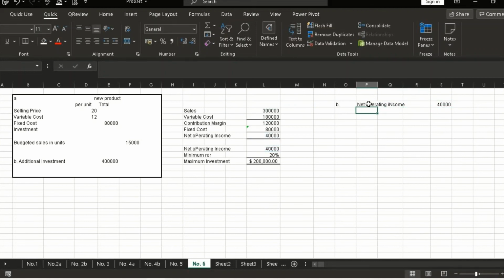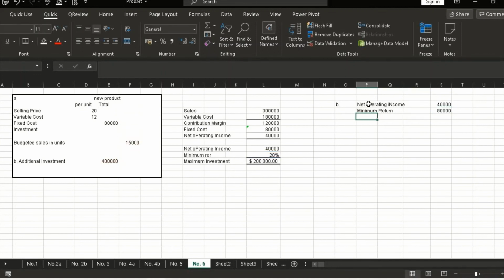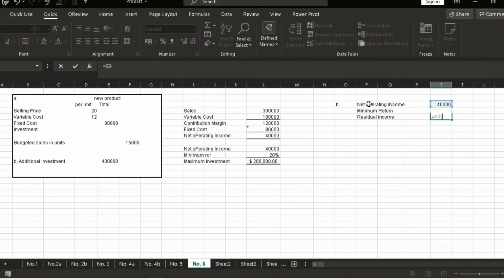From that $40,000, we will deduct the minimum return, which is calculated by multiplying 20% to the additional investment of $400,000, which will result in a minimum return of $80,000. By deducting the minimum return from the net operating income, we will get the residual income, which amounts to negative $40,000.